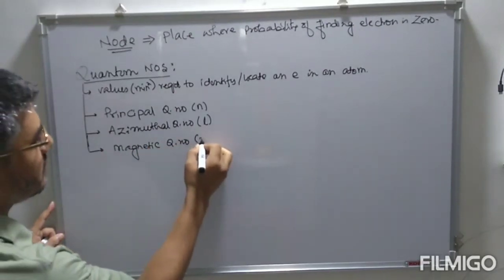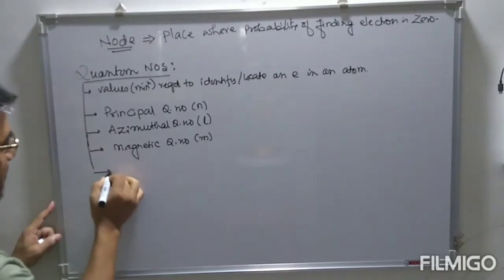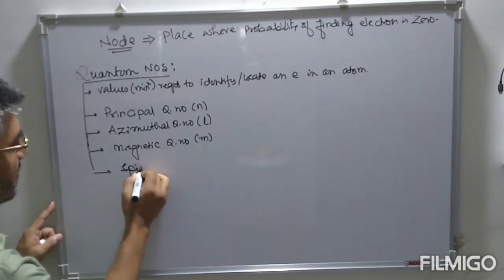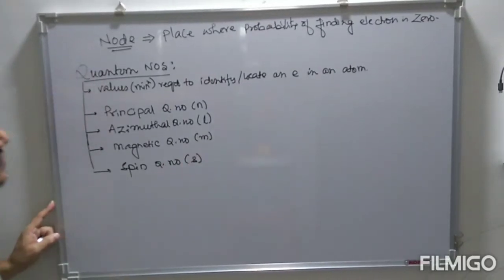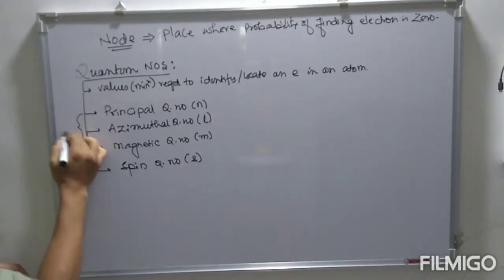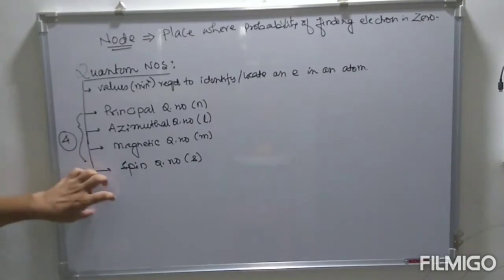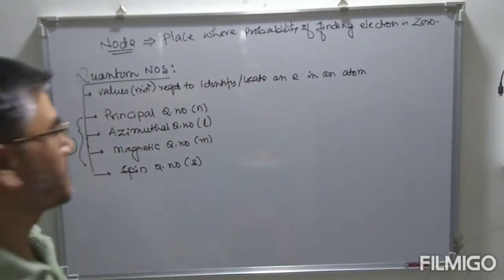Magnetic quantum number small m, and spin quantum number. So we have these 4 quantum numbers. These 4 values are required to identify electron in an atom.